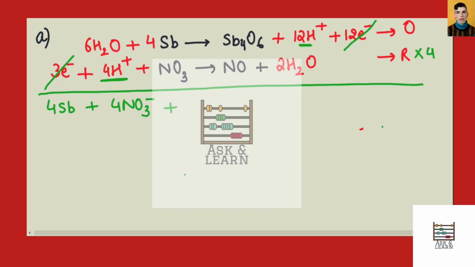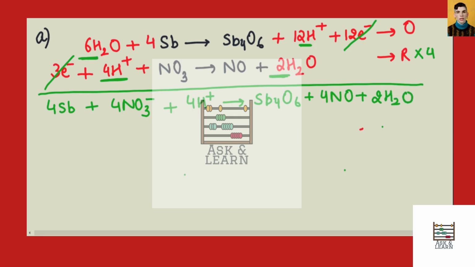So 16 minus 12 is 4, so 4H positive. And then we will have Sb4O6 and 4NO, and we will have 8 water molecules here and we have 6 water molecules here. So 8 minus 6 is 2, so 2 water molecules.